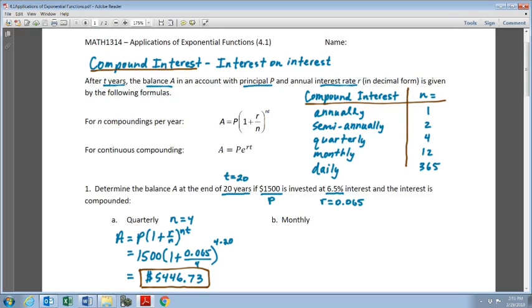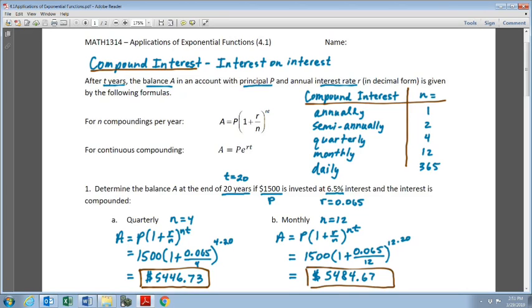Alright, so you may want to try it with n equals 12 and then check what I have to say on the computer or on the video here. Alright, so we're using the same formula. I'm going to go ahead and plug in all the numbers. So notice n is 12 this time. That's only changed so far. And then instead of 4 times 20, it's 12 times 20 since our n is 12.